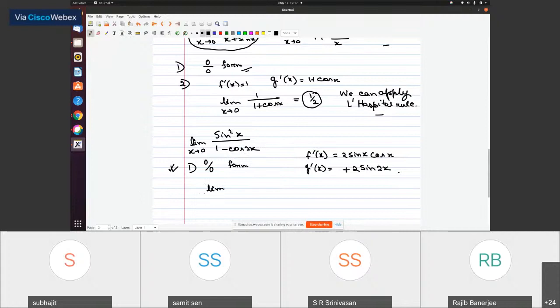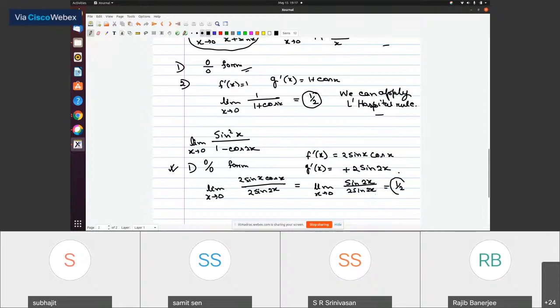This limit will be the same as the limit as x tends to 0 of 2 sin x cos x by 2 sin 2x. The numerator is also sin 2x, right? So x tending to 0, sin 2x by 2 sin 2x, this will cancel out, so it will give us half, right?